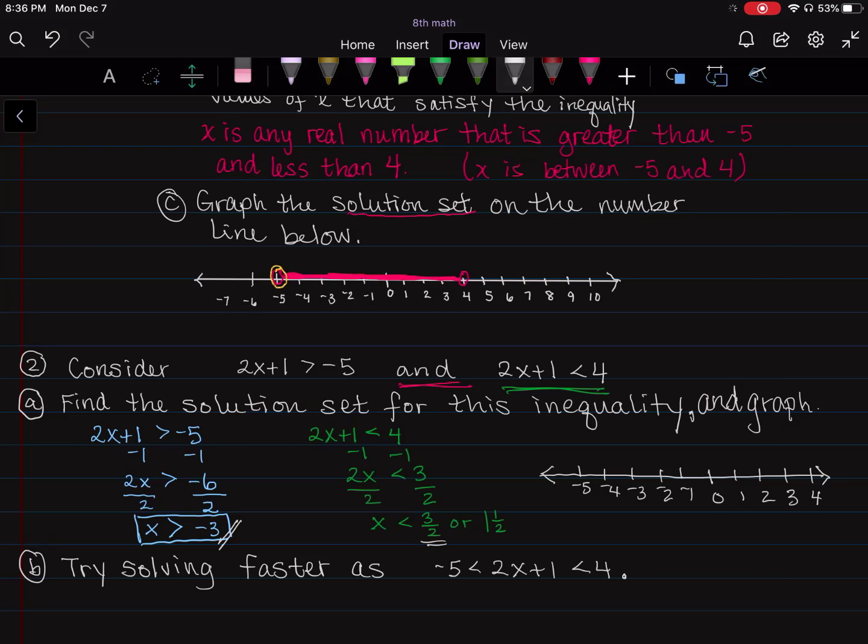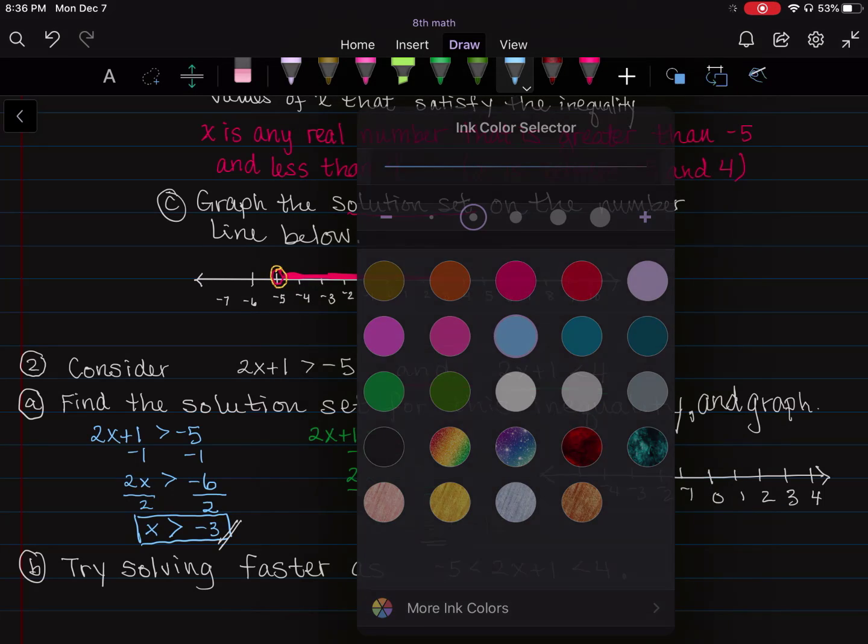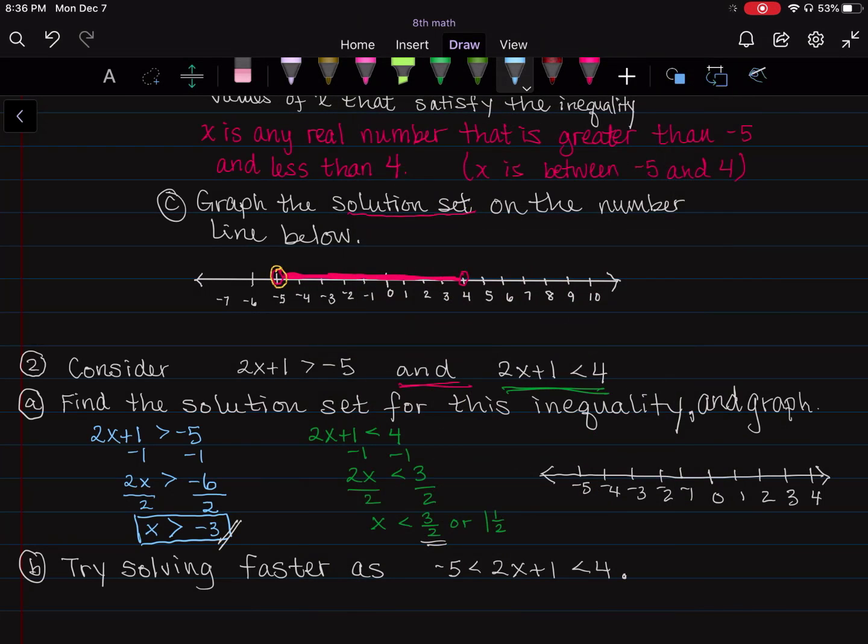All right, in blue, let's mark the x greater than negative 3 part. I'm going to circle negative 3, and then I want numbers larger than it. That means we're going to go to the right on the number line. Next, I'm going to pick up my green pen to label the solution associated with the second inequality.